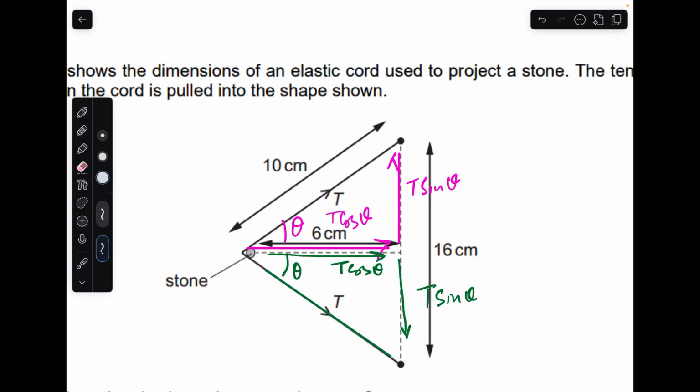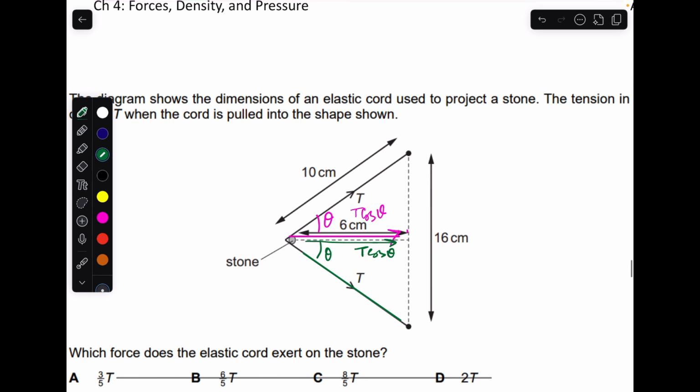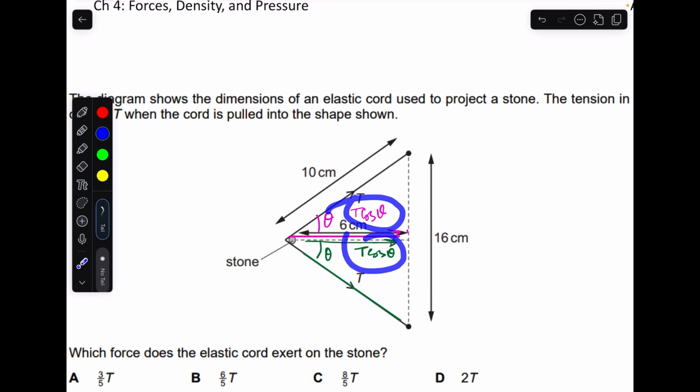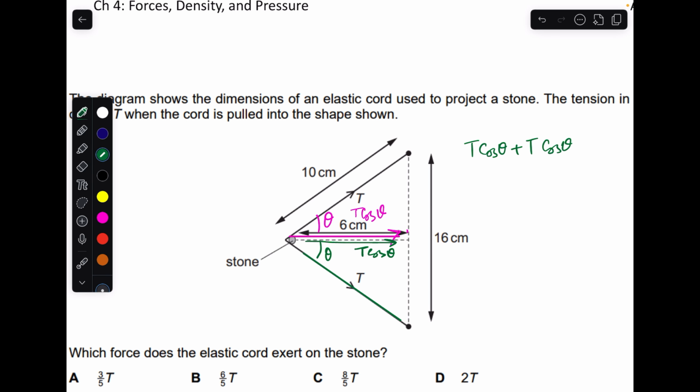We can simply ignore these components because they will not make any difference. And as these two are in the same direction, they will be added. So T cos theta plus T cos theta will be the resultant force that we have to find.